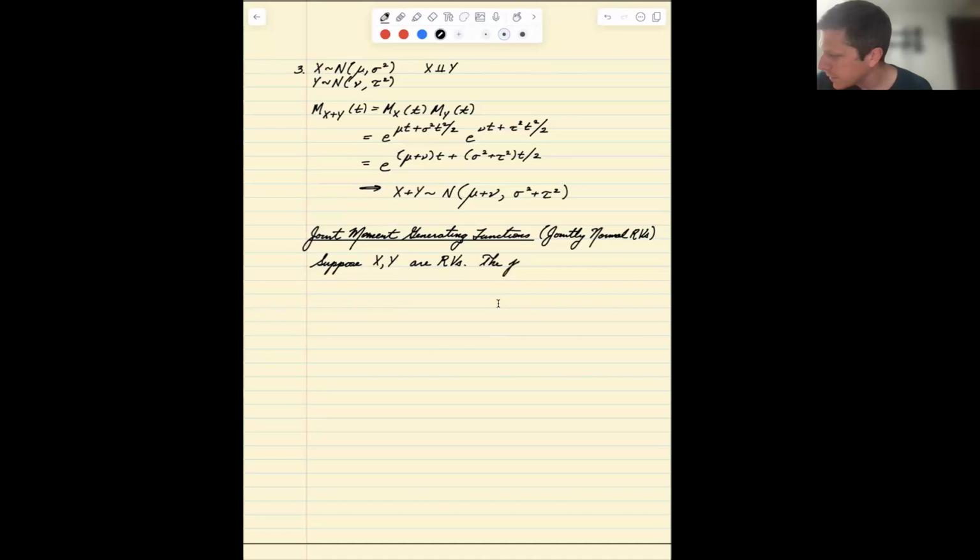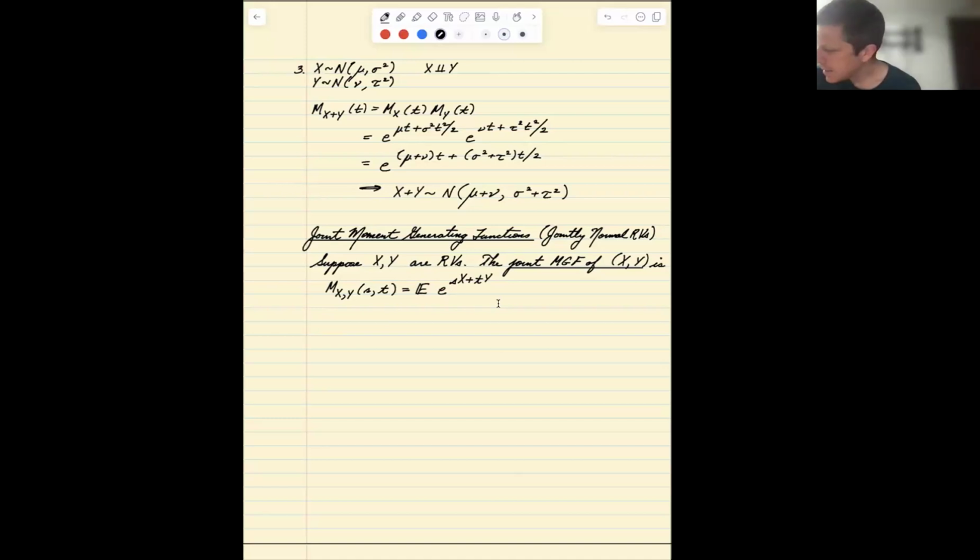Then the joint moment generating function of X, Y is written this way. Expectation of e to the sX plus tY. So it's a function of both s and t.